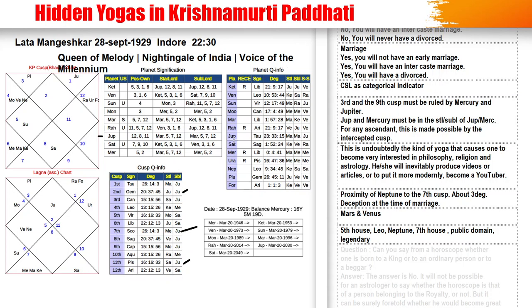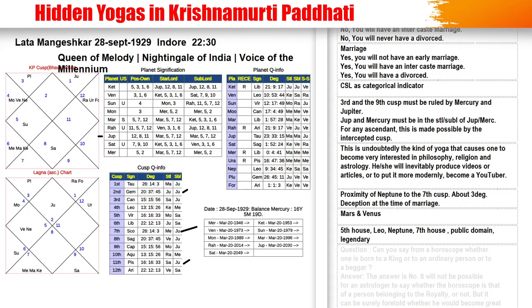So I wanted to discuss some more of the yogas in the Krishnamurti Paddhati, and my idea is to motivate some of you to look into the yoga rules, or start doing some experiments.